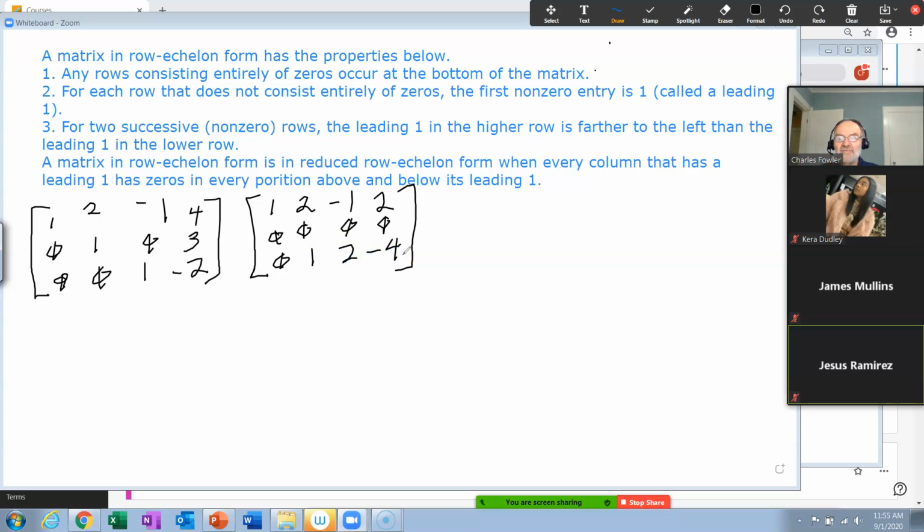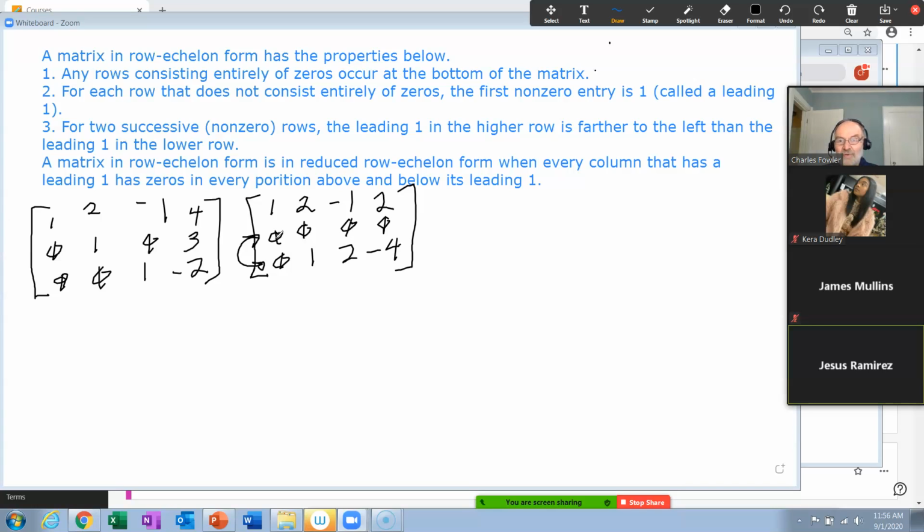Is that in row echelon form? Why not? All zeros should be at the bottom. All it would take would be to swap these two rows. And then you would have it in row echelon form.